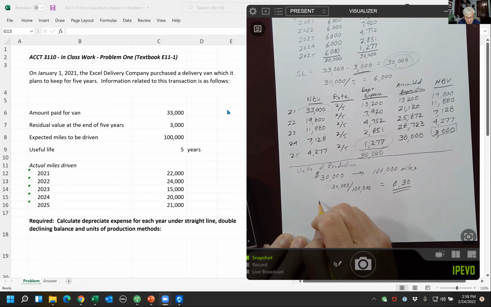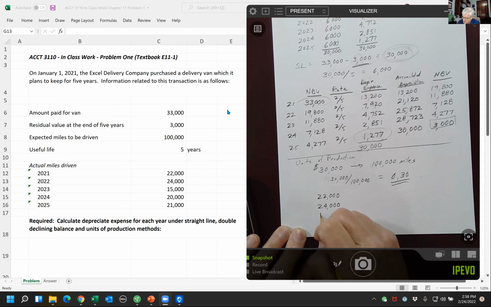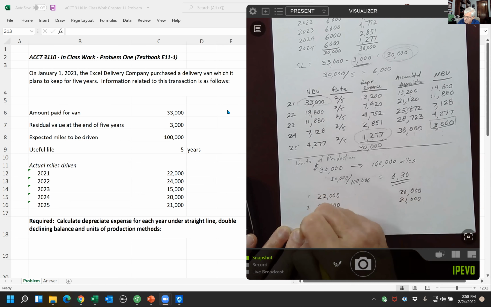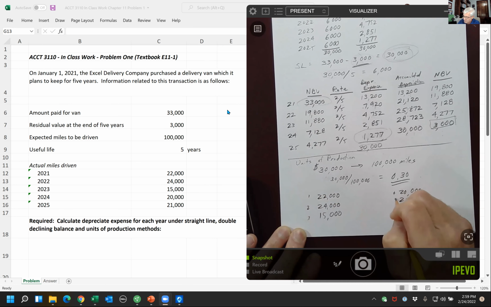Let's just see how much we used it for. If I go to the problem, 22,000, 24,000, 15,000, 20,000, and 21,000. That's just year 1, 2, 3, 4, and 5.